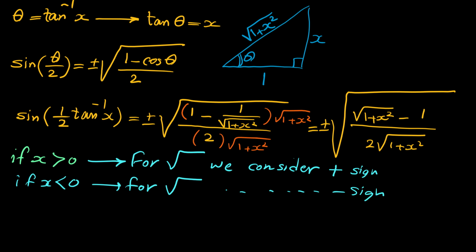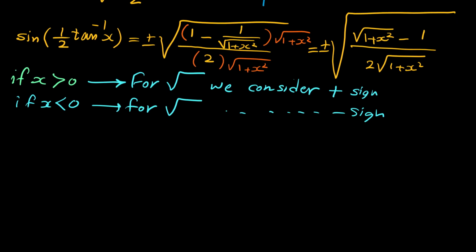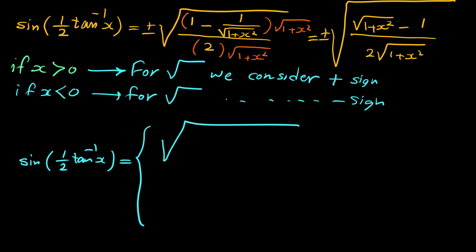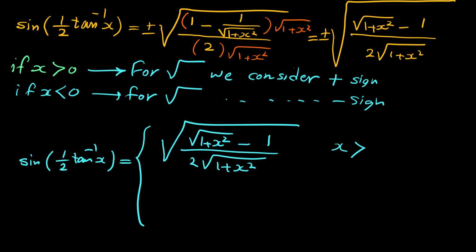This means that if we want to write our answer in the perfect form, we have to write our answer in this way. Sine of 1/2 tangent inverse of x equals radical 1 plus x squared minus 1 all over 2 radical 1 plus x squared when x is positive or 0.